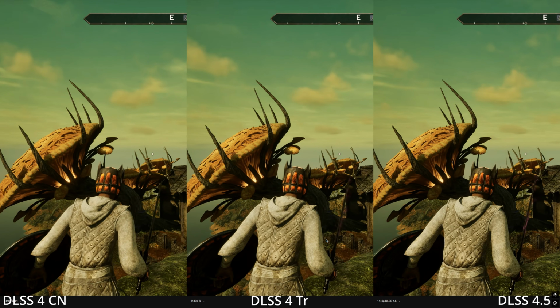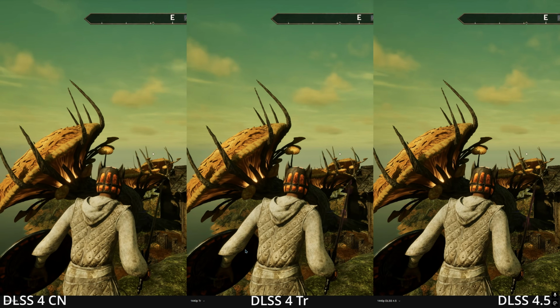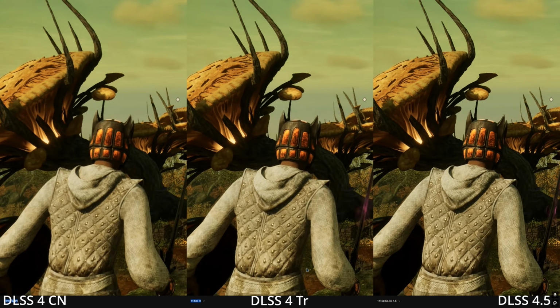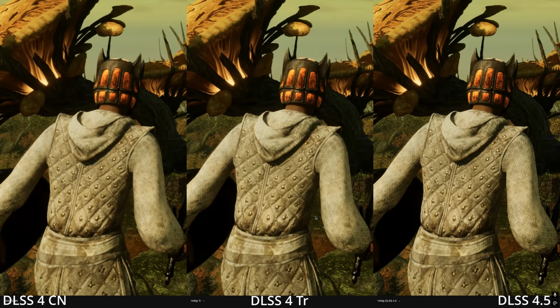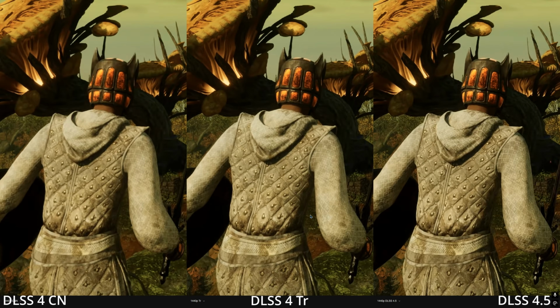Here's a comparison of DLSS 4 CNN model versus transformer model and the second-gen transformer model introduced with DLSS 4.5.